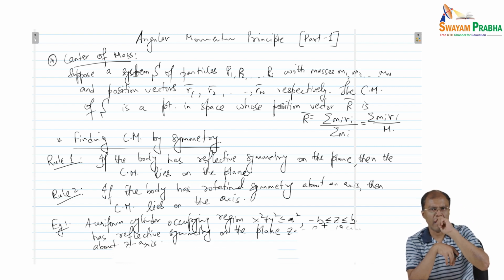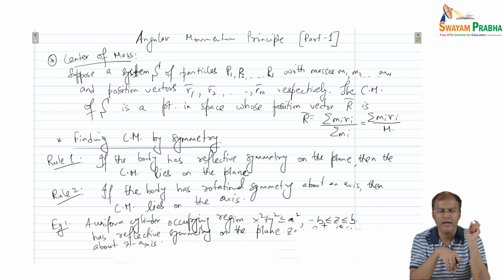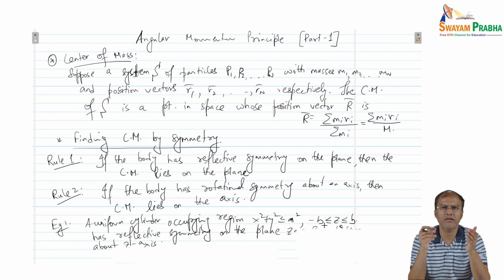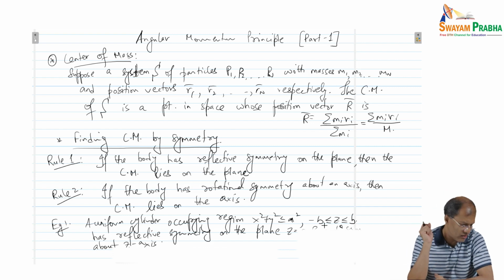So we expect that the center of mass of this cylinder is going to lie on the intersection of z is equal to 0 and the z axis, right? The intersection of the z is equal to 0 plane with the z axis is going to be the origin. So that's where the center of mass lies for this cylinder.